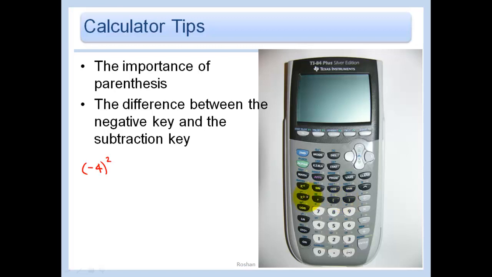Otherwise, your calculator does order of operations, and if you didn't do the parentheses, it would think that you were writing -(4 squared). Also, note the difference between the negative key and the subtraction key. This is the negative key, so if you're doing -4, that's the key you want to use. But this is the minus key, so if you want to put 3 minus 8, you would do 3 minus 8.